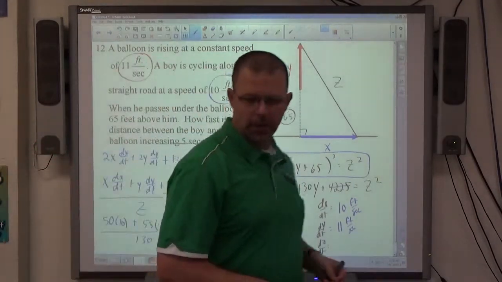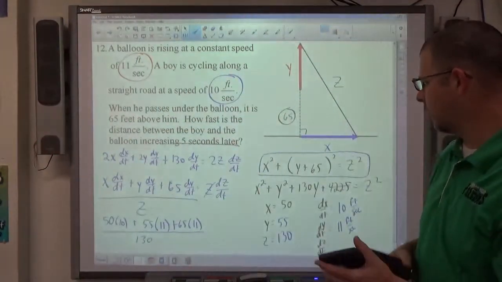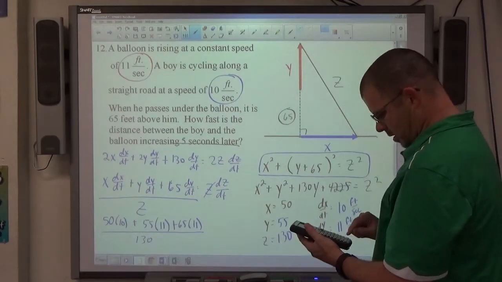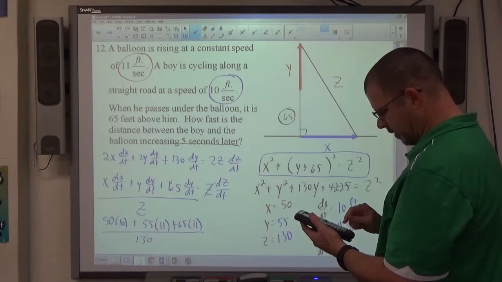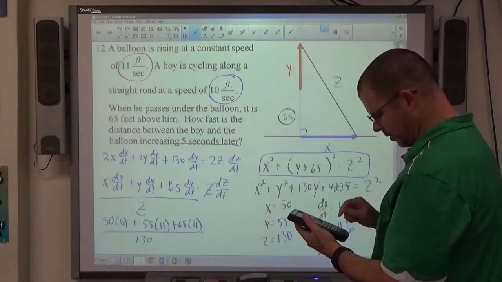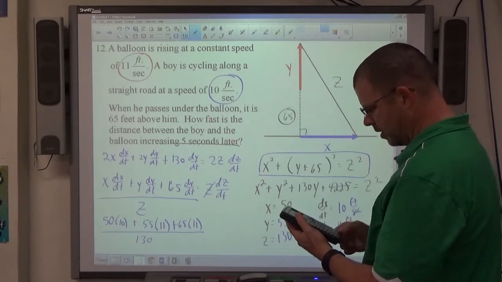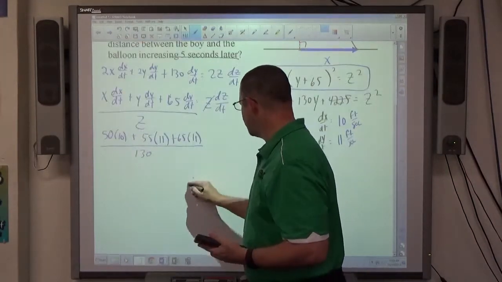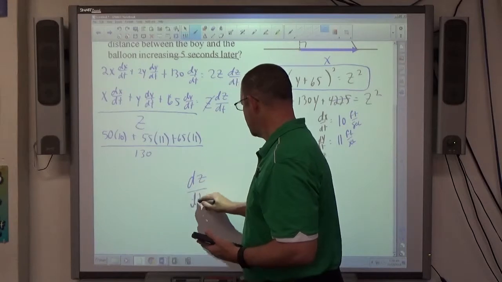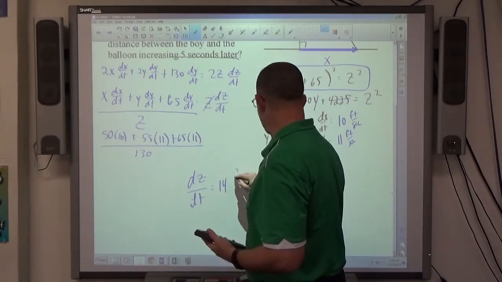And that's the point where I'd probably get a calculator out and work it. So 50 times 10 plus 55 times 11 plus 65 times 11, divided by 130, comes out to 14, that's nice. dz over dt equals 14 feet per second.